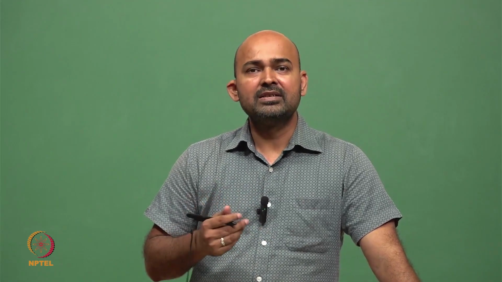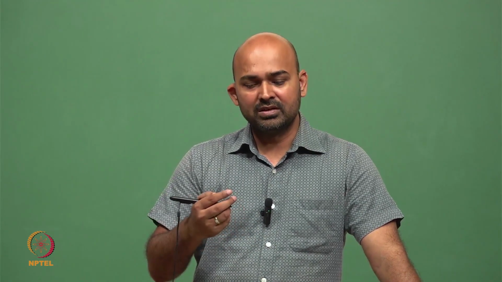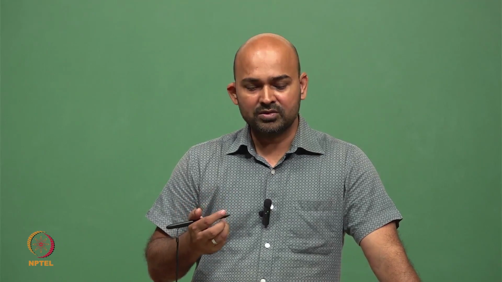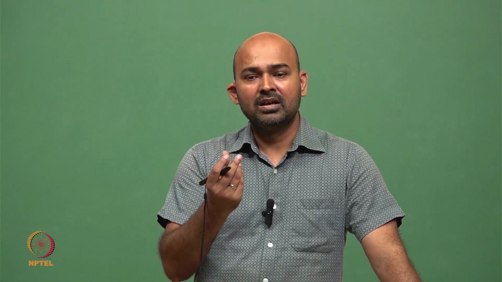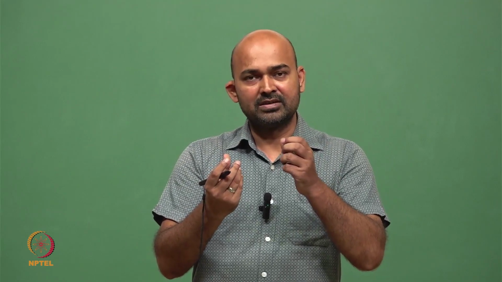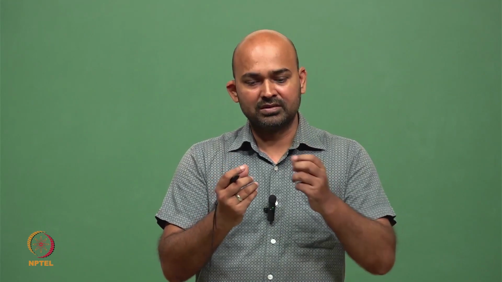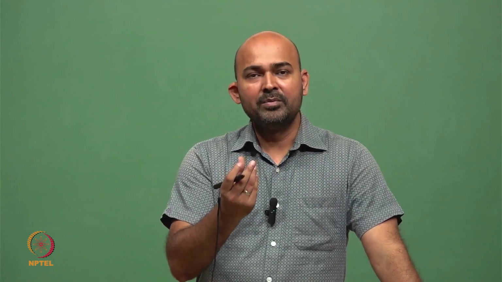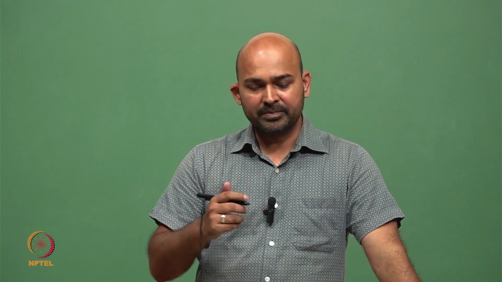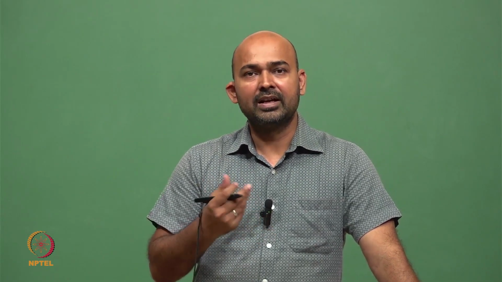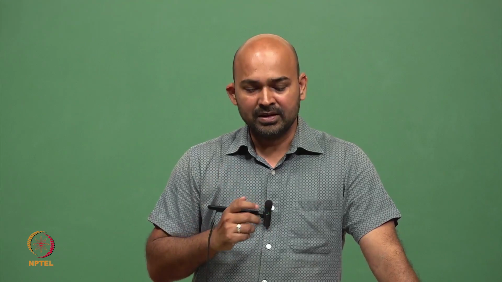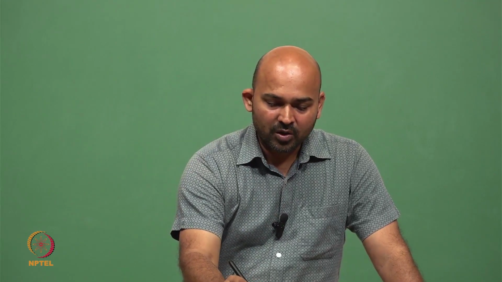This Hall effect sensor is very much used in measuring rotational speed. For example, we have a rotating disk and we put a Hall effect sensor nearby, and we measure how much rotation per minute there is on that rotating disk. So today we discuss the Hall effect sensor.